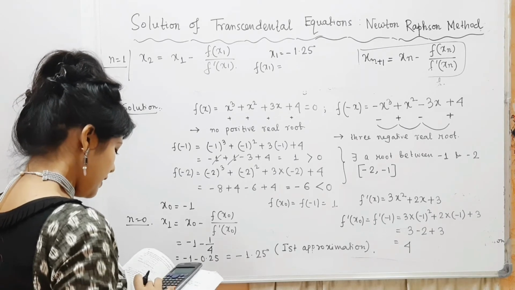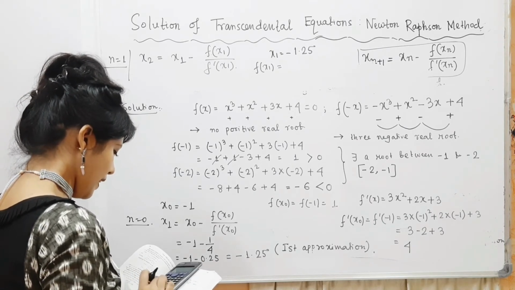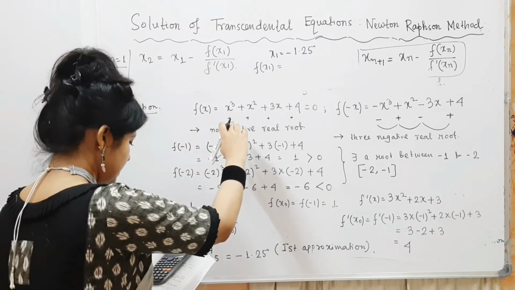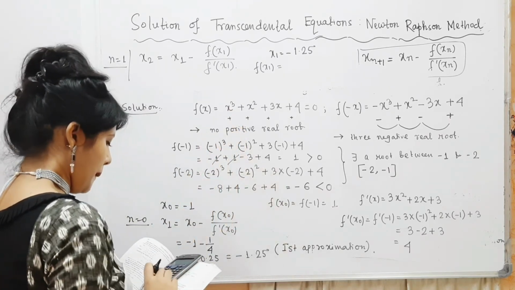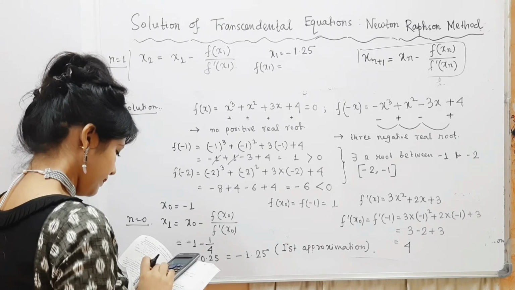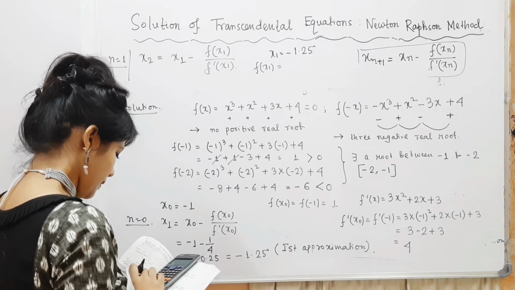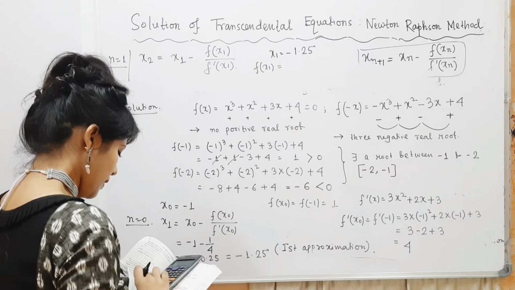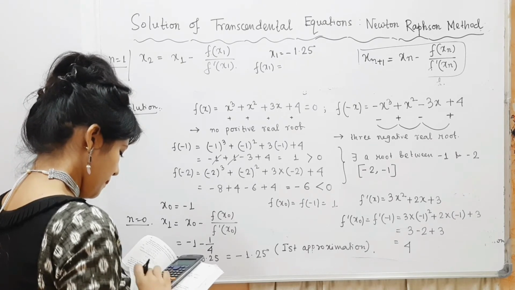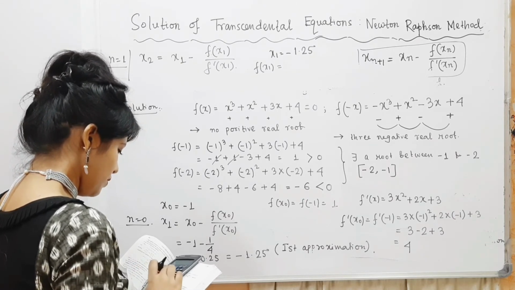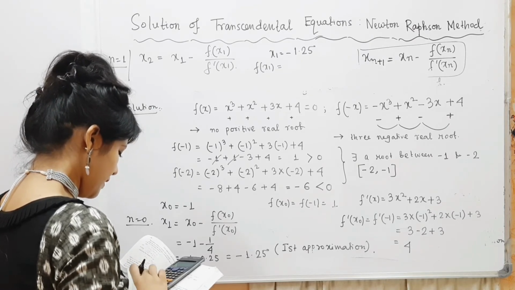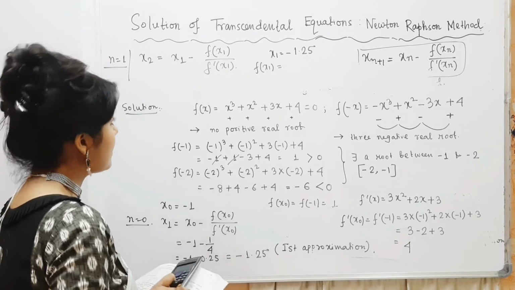Okay. So it will give you minus 1.25 into minus 1.25 into minus 1.25, because it is x cube. Okay.